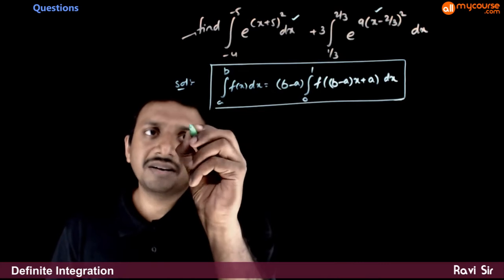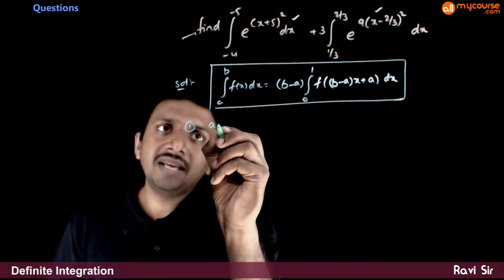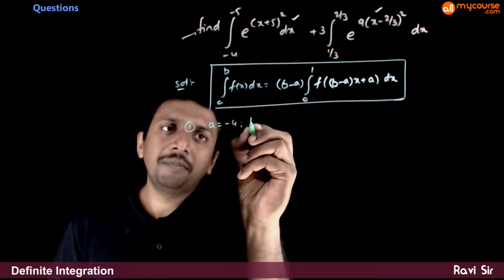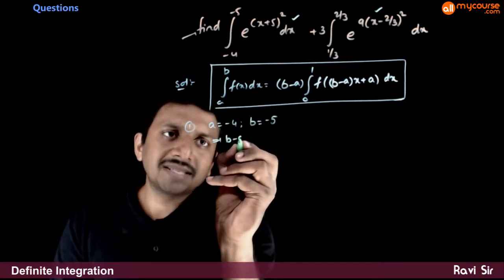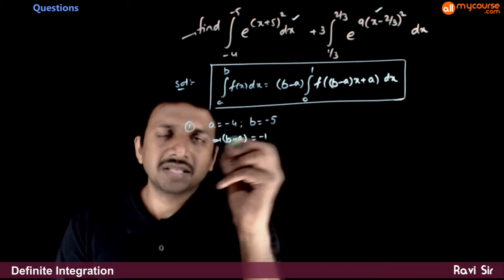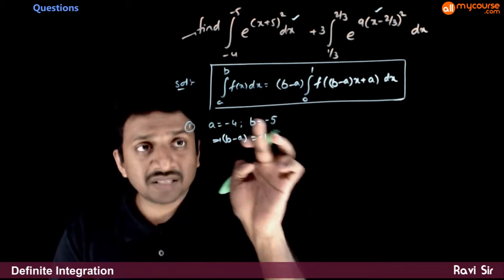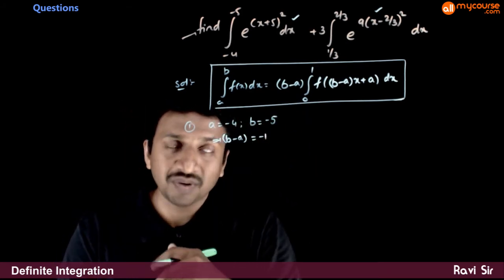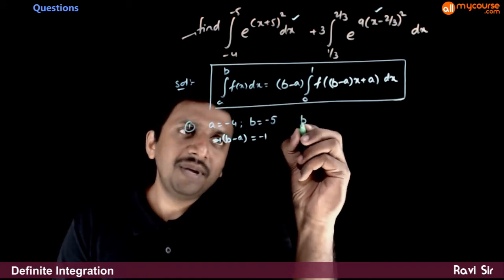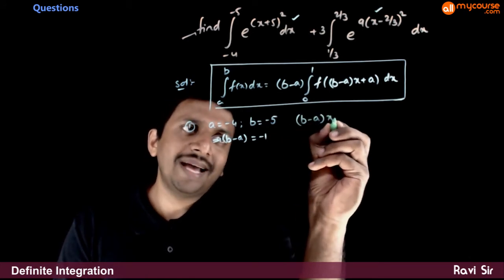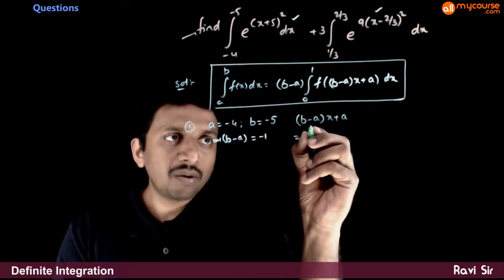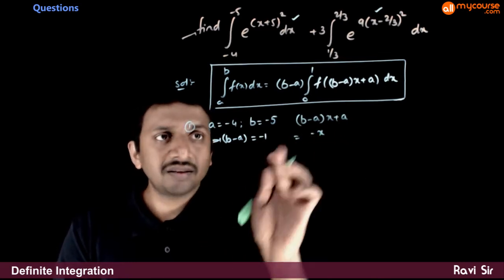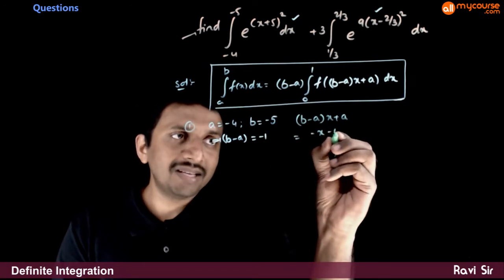So in the first integral, a is equal to -4, b is equal to -5. So b minus a is nothing but -1, right? b minus a, -5 minus of -4, is -1. And (b minus a) times x plus a is nothing but -1 times x plus a, which is -4.